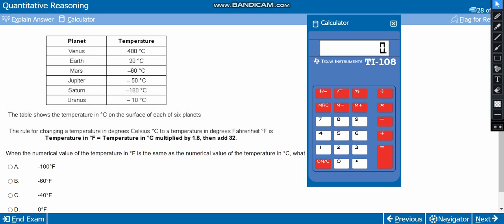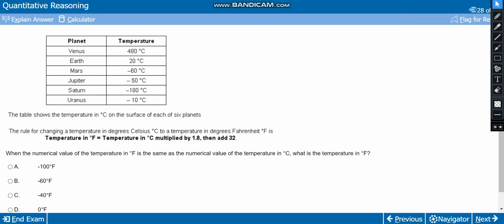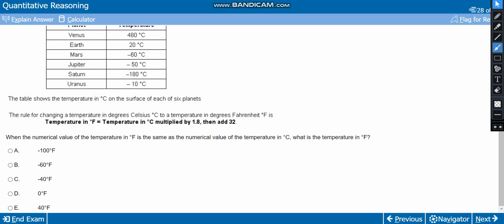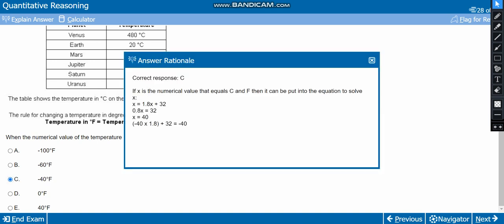So 32 divided by 0.8. But just remember we're working in negative, so the answer is negative 40. So negative 32 divided by 0.8 is equal to negative 40. So therefore our answer is negative 40 degrees Fahrenheit. And here again is the answer rationale.